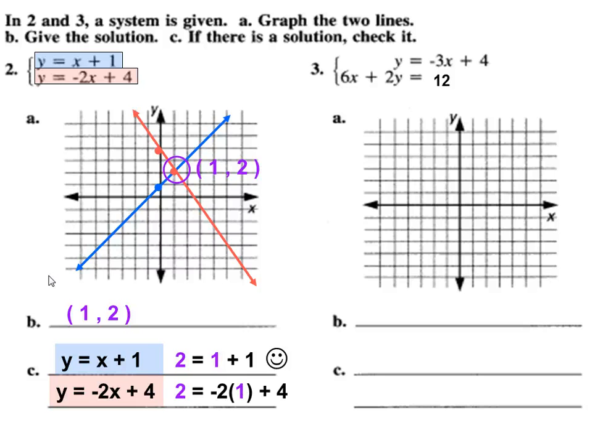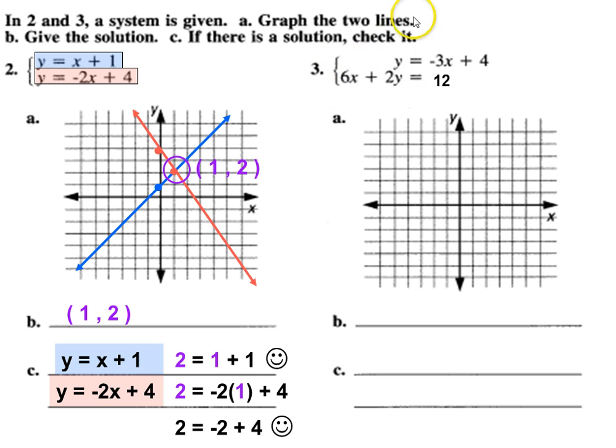If we plug that in, we get 2 equals negative 2 times 1 plus 4. Negative 2 times 1 is negative 2. Negative 2 plus 4 is positive 2. So that coordinate also works for the bottom equation as well. So therefore the solution to this system is 1, 2, because 1, 2 satisfies both of those equations.